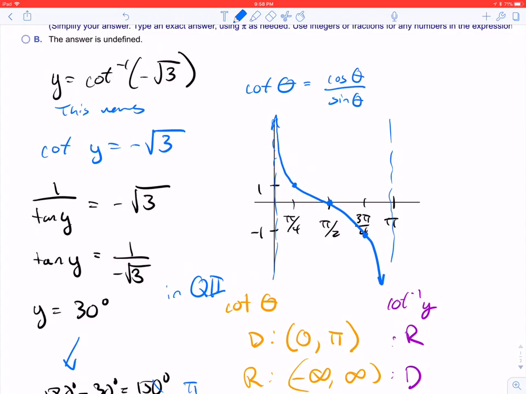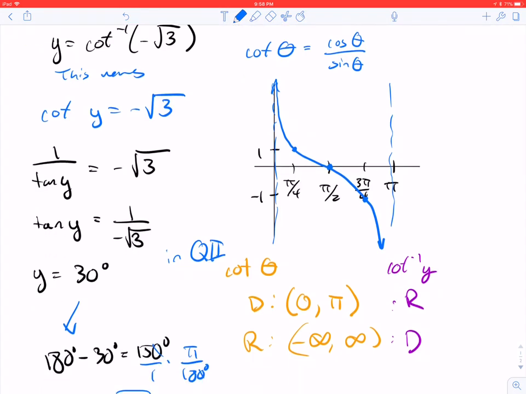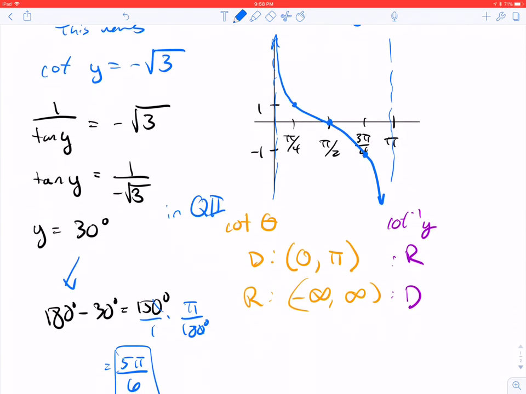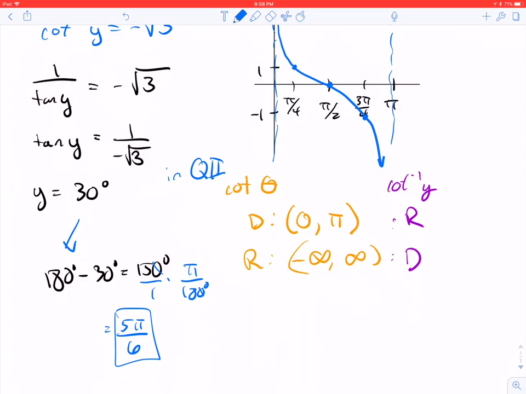That means 1 over tan, so tan of what angle gives you 1 over negative root 3. That means we're 30 degrees away from the x-axis, but we need to be in quadrant 2 because of our restrictions on the domain and range. So 30 degrees away from the x-axis in quadrant 2 is 150 degrees, and then you convert it to radians, and you're good to go.